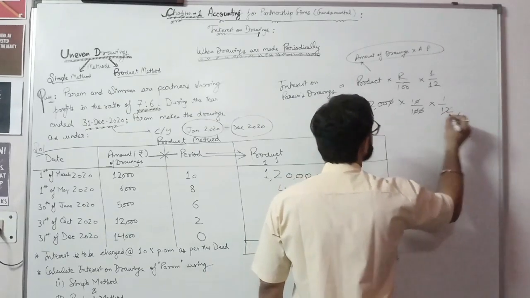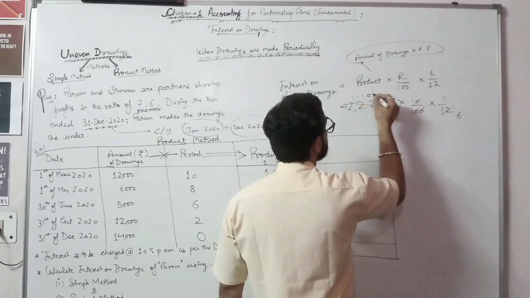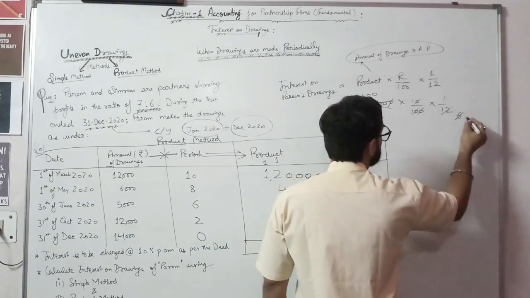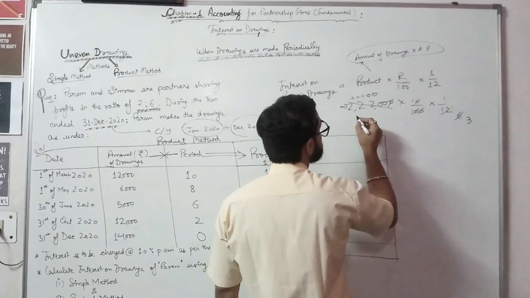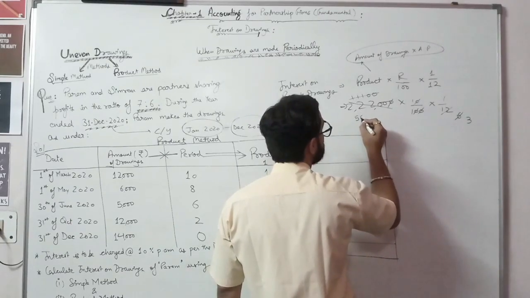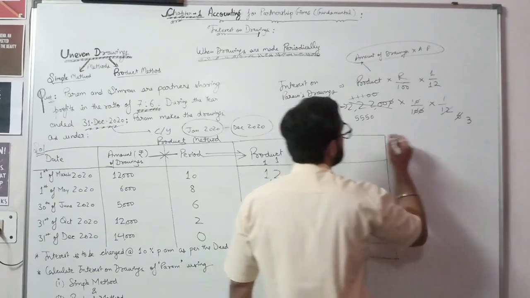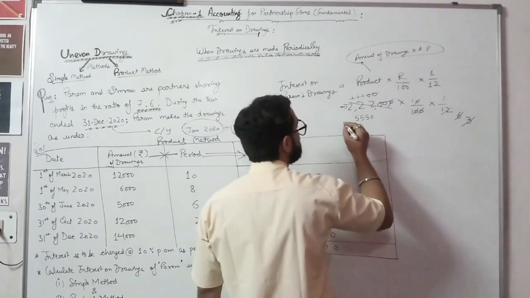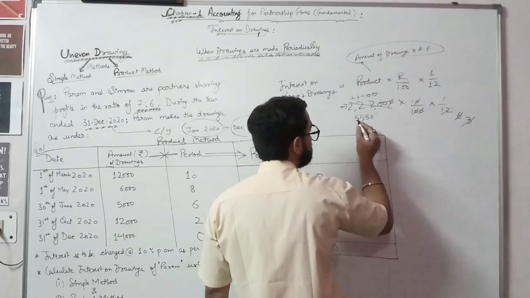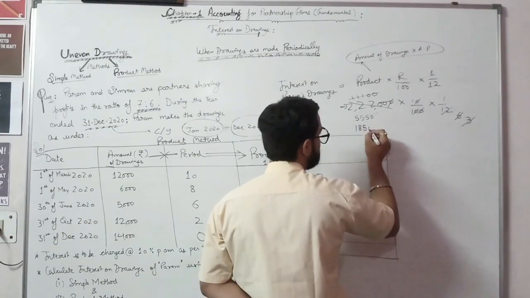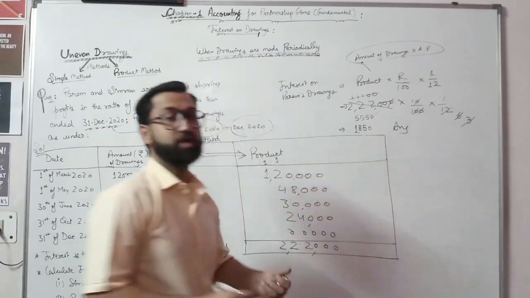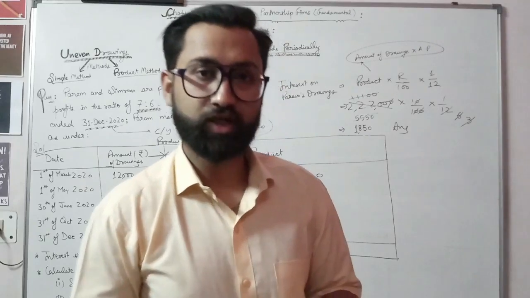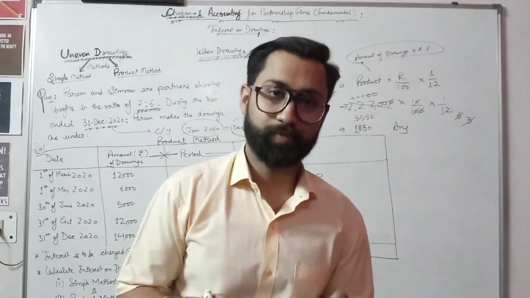Now cut it with 3. 3 1s are 3, 3 8s are 24, 3 5s are 15 and 0. So here comes the answer, 1850 in both the cases. Hopefully you have understood this topic. Thank you.